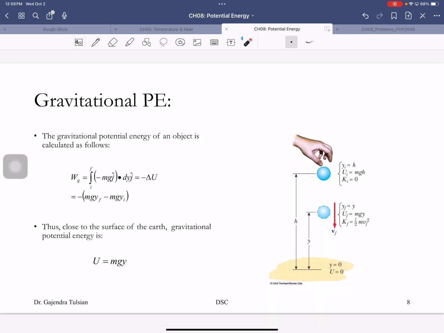Let's say an object moves from here to there. Gravity is the only force acting on it. What we're saying is drag and all other forces are negligible. So the work done by gravity is the gravitational force. Our y-axis is pointing up.